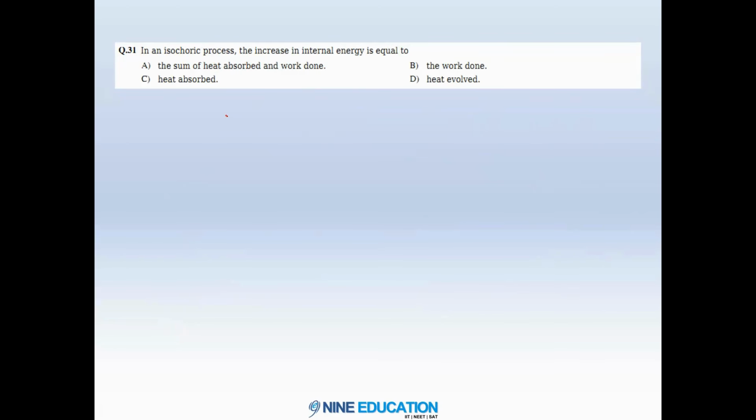Isochoric process. Isochoric means nothing but a constant volume process. So when there is a constant volume, heat exchange at constant volume is nothing but change in internal energy. So the change in internal energy is equal to the heat exchange at constant volume. Because you know the first law, Q plus W is equal to delta U, whether it is reversible or irreversible, W will be zero if the change in volume is not there. So the increase in internal energy is equal to the heat absorbed or evolved.